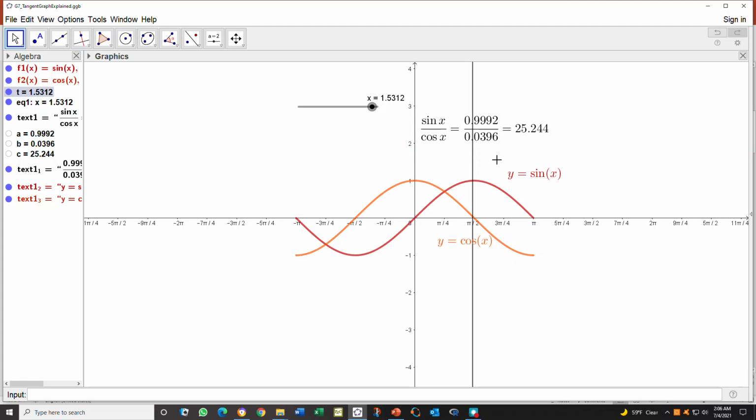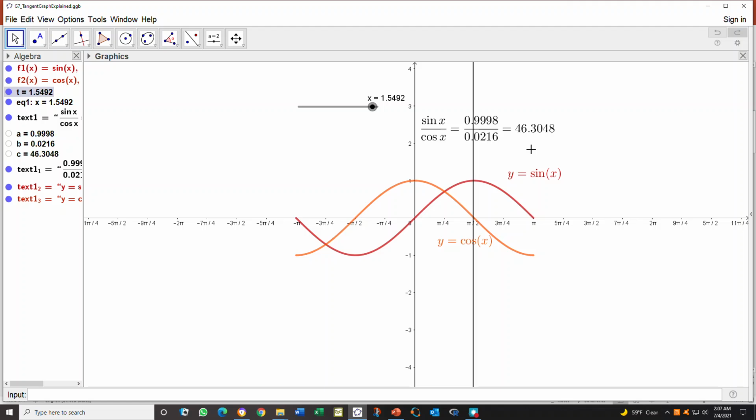The denominator is 0.0386. It's getting closer and closer to 0. So it is decreasing, and so the quotient became 25.8988. If I move a little closer, make it 0.0376, it's increasing. So this is the concept you need to understand.